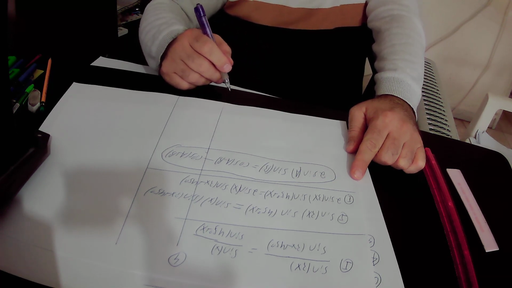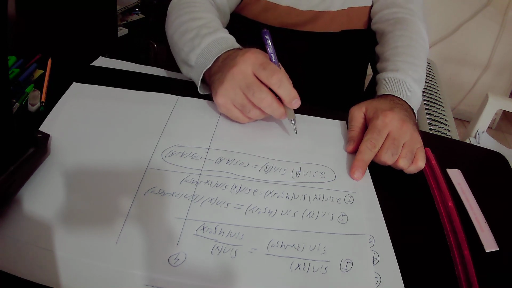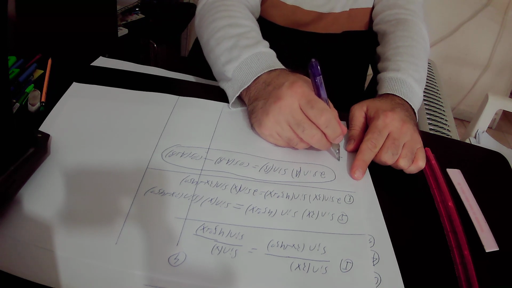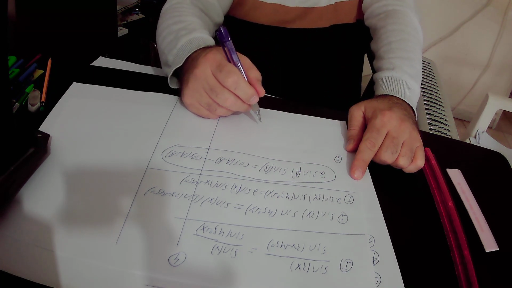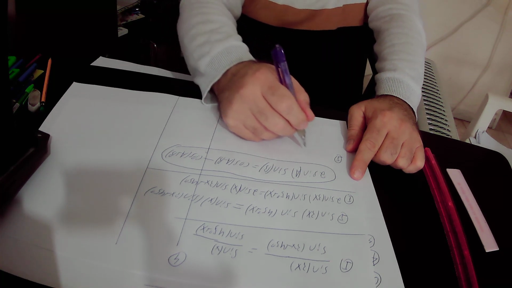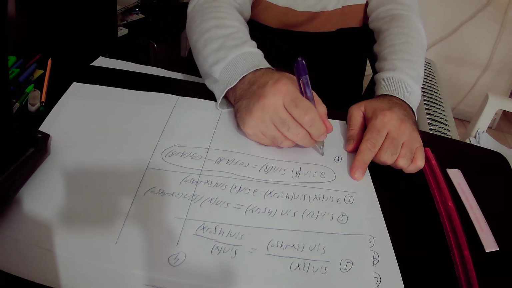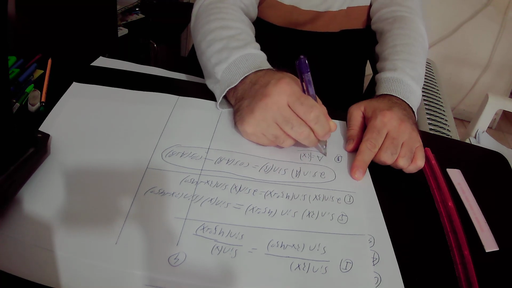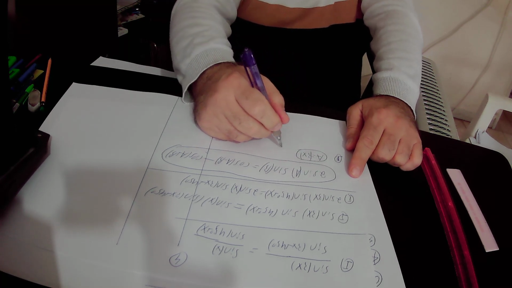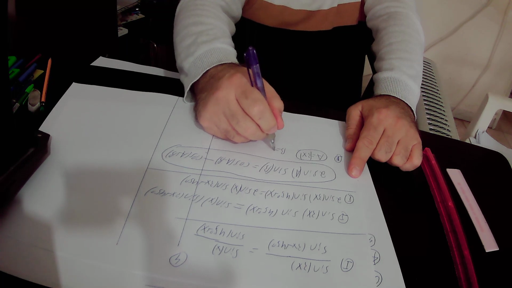So in our expression 2 sine 3x sine (45 degrees plus x), A equals 3x and B equals 45 degrees plus x.